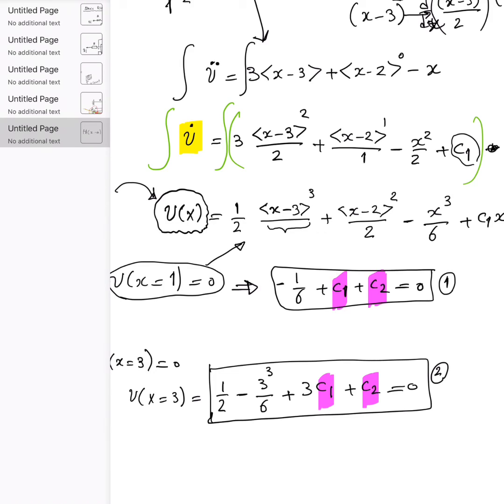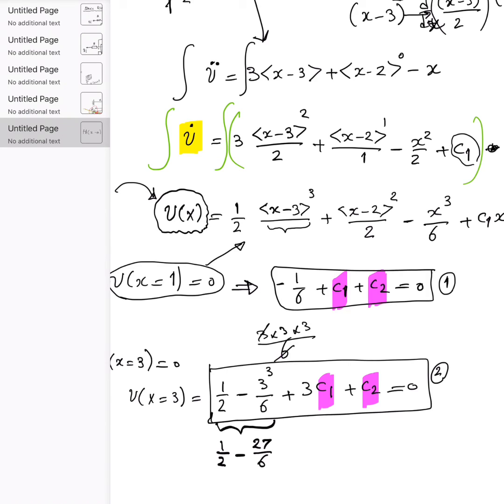So let's do that. Here, let's do a little bit of simplification. So here, this term, you're gonna get 1 over 2 minus 27 divided by 6. And here you can just simply say, well, this is 3 times 3 times 3 divided by 6.